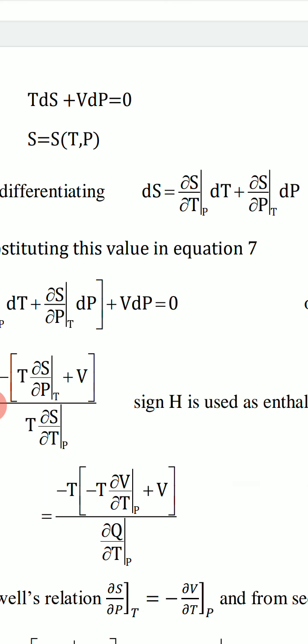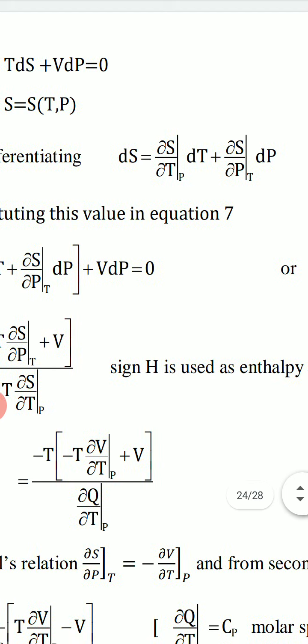S is a function of T and P. First we take partial differentiation with respect to T, and then partial differentiation with respect to P. In the first partial differentiation, it is with respect to T, and the second is with respect to P. When we take partial differentiation with respect to T, we keep P constant, and when we take it with respect to P, we keep T constant.